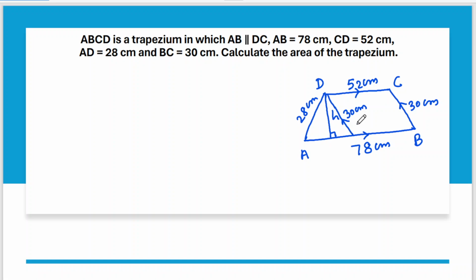This is 30 centimeter. Now from here to here, opposite sides are parallel, so this is also 52 centimeter. So I have got a parallelogram whose opposite sides are 52 centimeter and 30 centimeter.